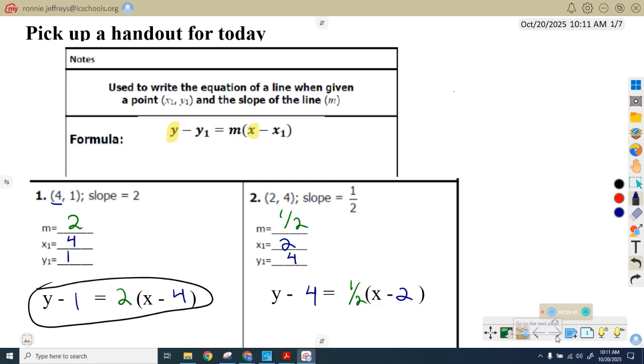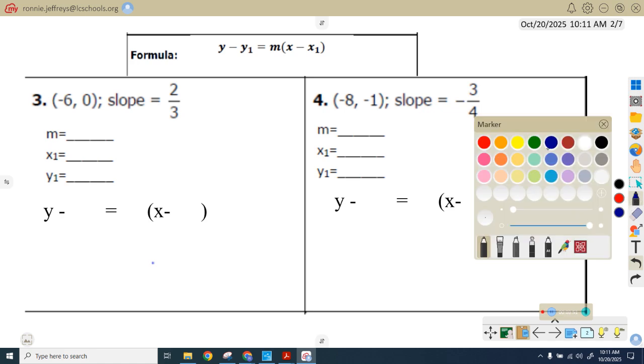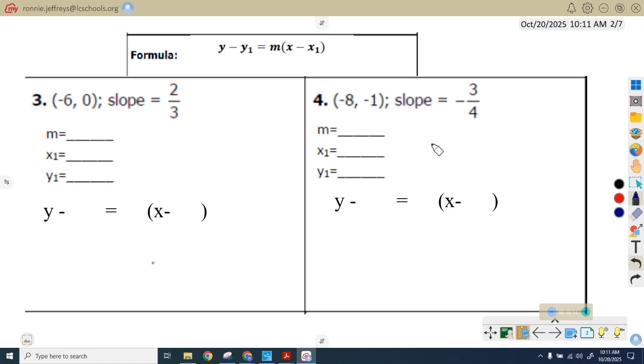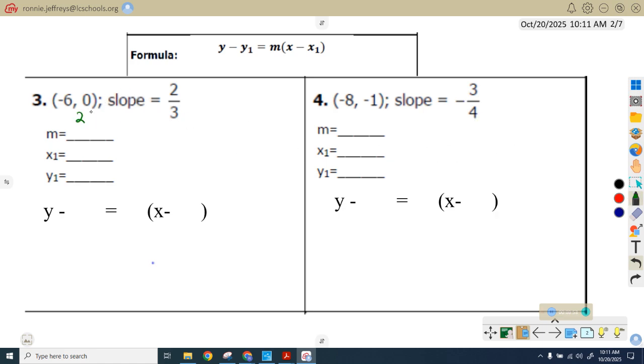All right, so let's look at number 3 and 4. So our slope is 2/3 and goes here. Our x1 is -6 and it goes here. Our y1 is 0 and it goes here.